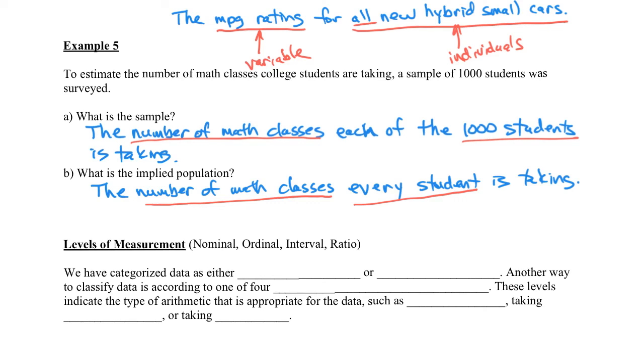Okay, then levels of measurement. Some sad news is coming up pretty quick here. So we have categorized data as either quantitative or qualitative.